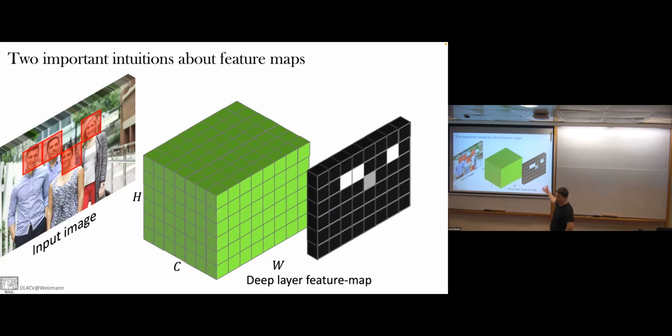But this is not the output of the network. This is something that happens intermediately. The reason you're asking is, how can I use this? Well, I'm not the one using it. The one using it is the next layer, and the next layer knows. It's trained so that if this has faces, it can use these faces if it wants to recognize humans, or it can use other things. But this is just an analysis thing.